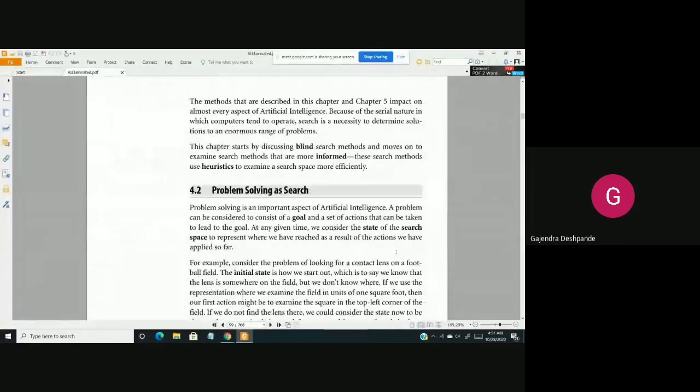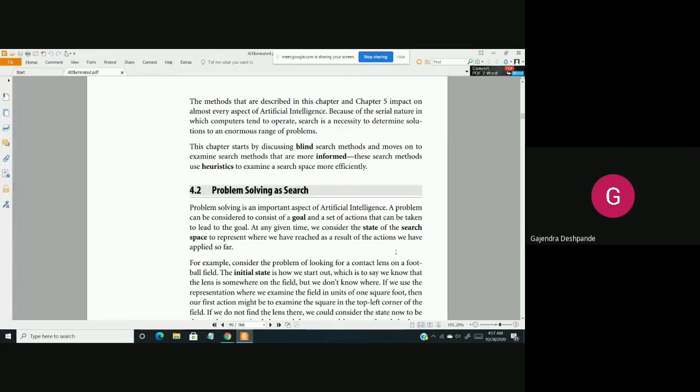So in this chapter, we are going to study basically three types of search methods. So the first one is blind search methods. Second one is informed search methods. Okay, so basically we are going to study two types of search methods: blind search methods and informed search methods. Blind search methods are also known as uninformed search methods.